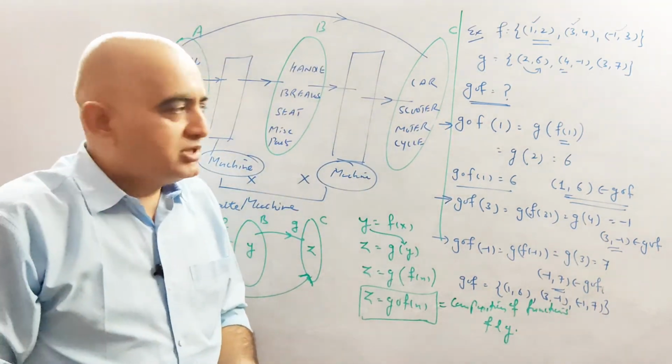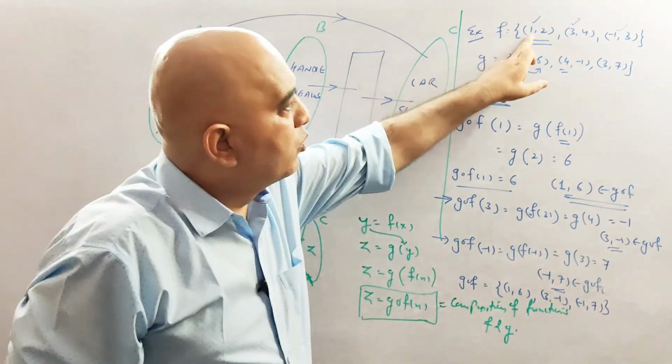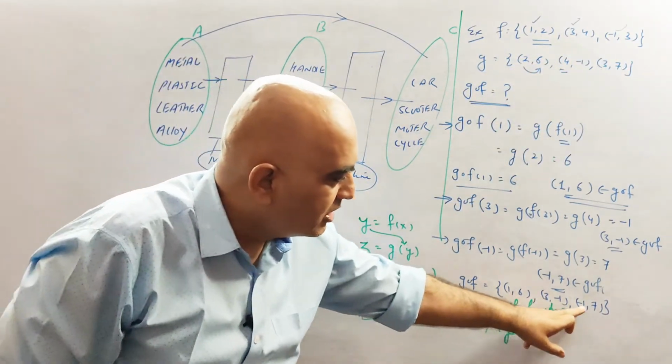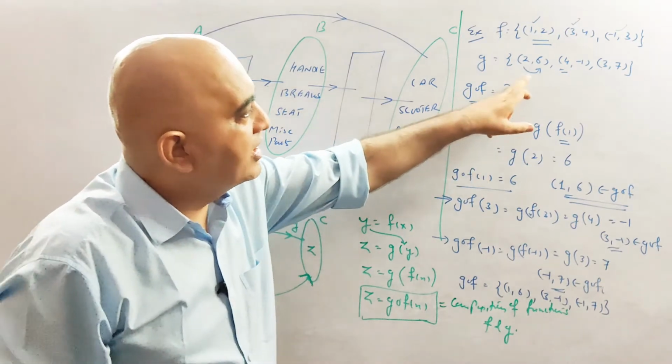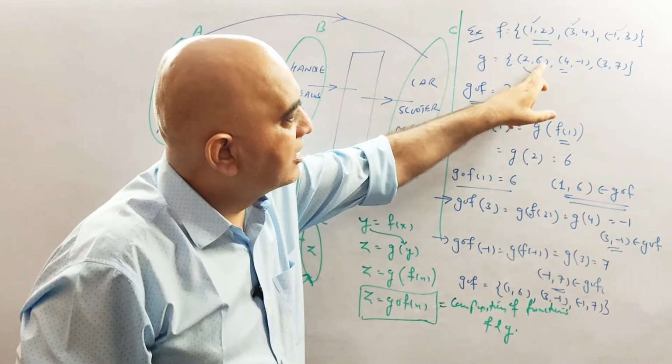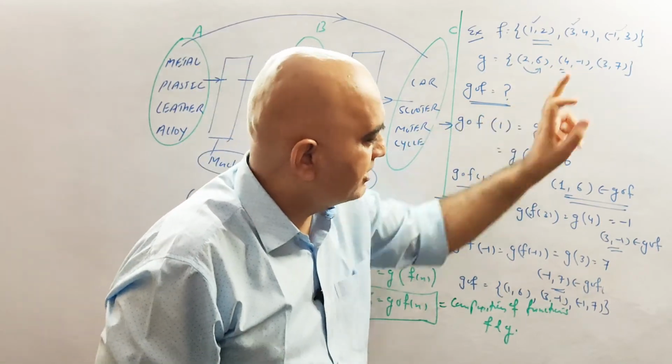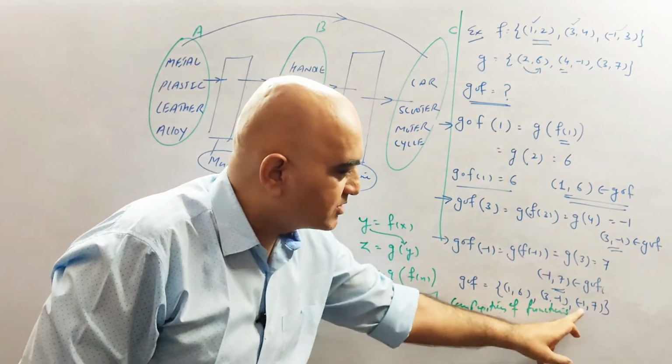Now we can observe this A set is 1, 3, -1, and here A set is 1, 3, -1. And here what is the C set? C set is the output of g function, that is 6, -1, 7, और यहाँ पर भी क्या है, 6, -1, 7.